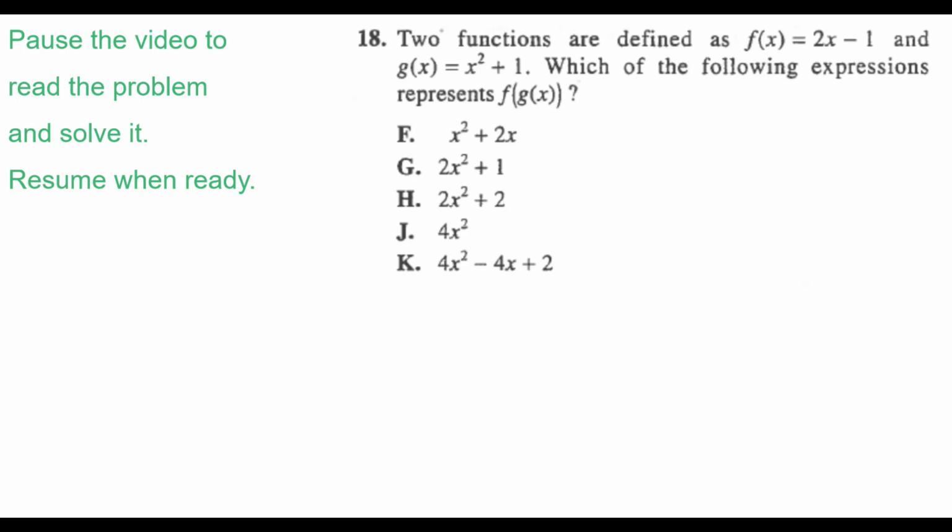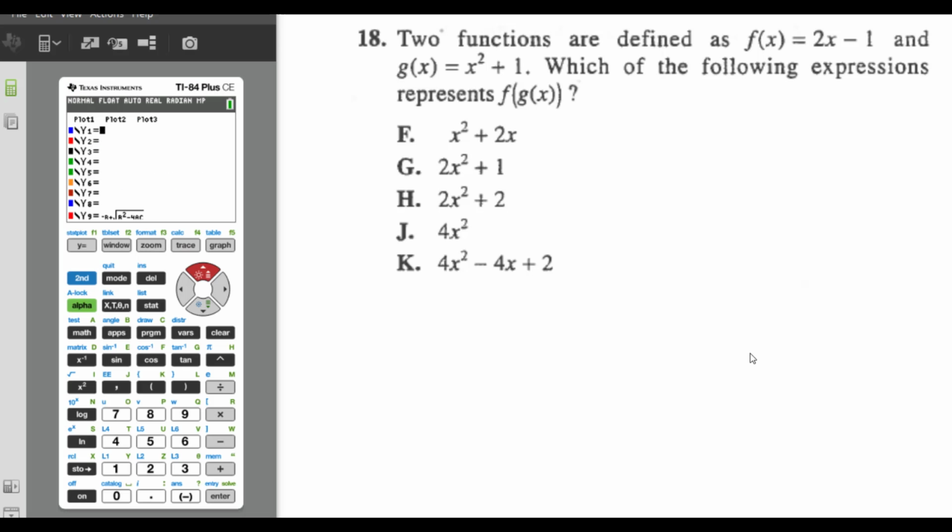Composition of functions is another thing that's tested on the ACT. Number 18, pause is needed. For this one, I'm hoping my students can do this algebraically, find f of g of x. But looking at this graphically might be a good way to have them visualize it.